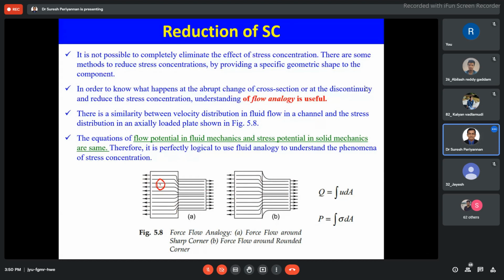But when a sudden change happens in the material, sudden change meaning a change in cross section, the same amount of force is again transmitted to the material in each layer. Then each layer comes close to each other. Then it will be stressed more. Then the stress lines are going to have more intensity. Then this kind of structure is going to fail. Similarly here also. This is in the fluid flow analogy.